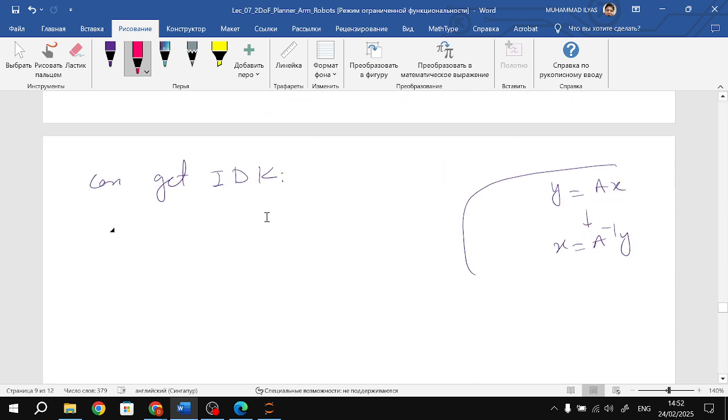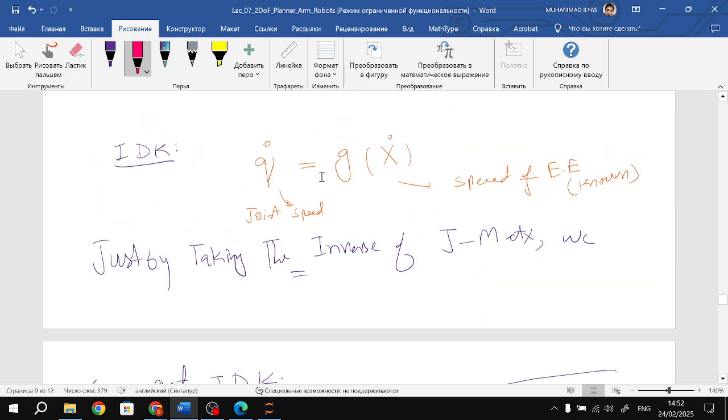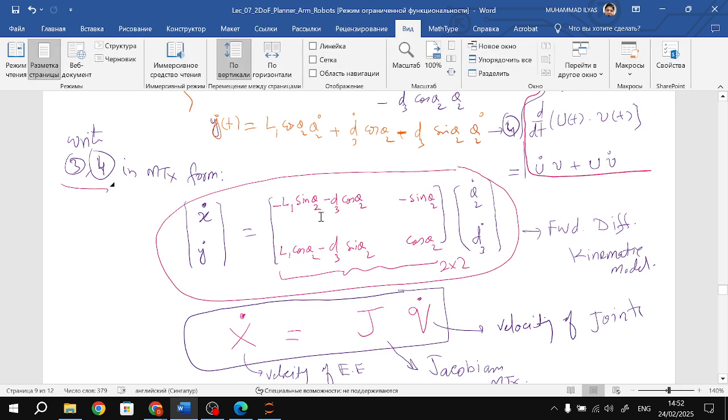In this case, you can get your q dot only by inverting the Jacobian matrix. You already know this is your Jacobian matrix. This is just 2 by 2, so you can even do it by hand calculation.